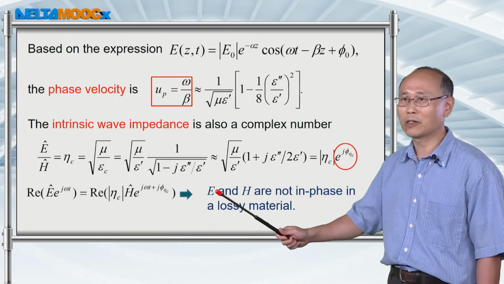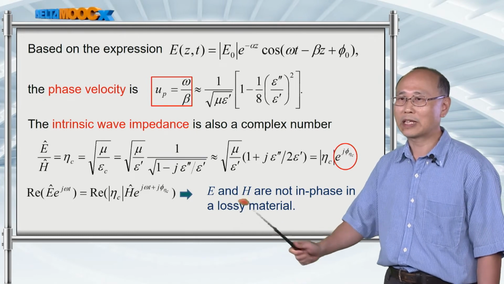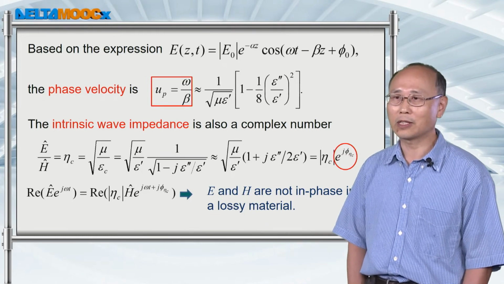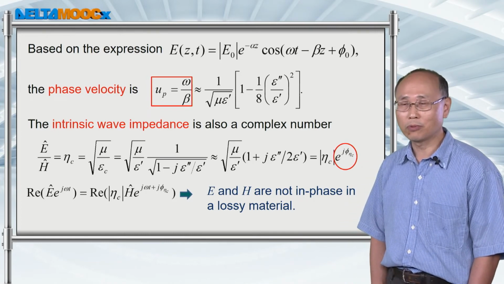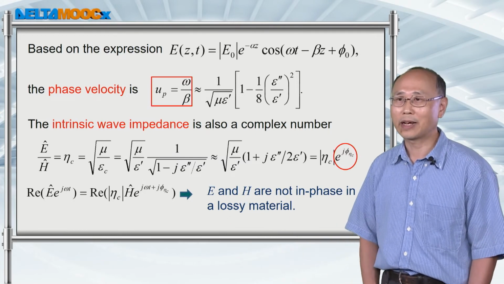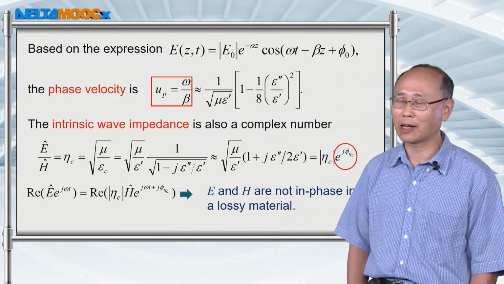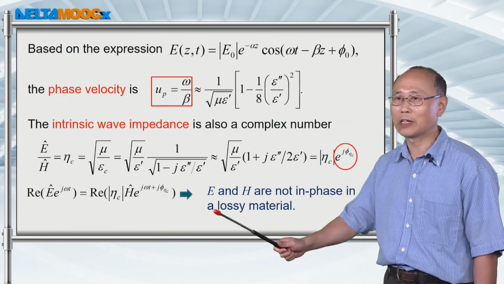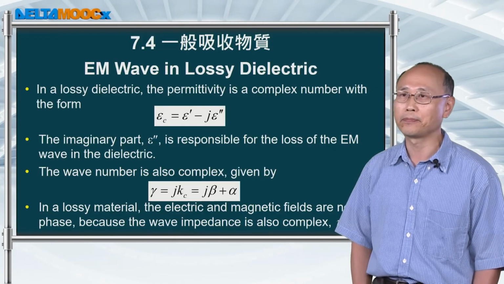And so in general, there's a phase difference between electric field and magnetic field. Well, the same thing happens to this lossy dielectric. The electric field is going to be busy pulling the dipoles, and the magnetic field has less interaction with the electric dipole. Therefore, in general, there's a phase difference between the electric field and magnetic field.